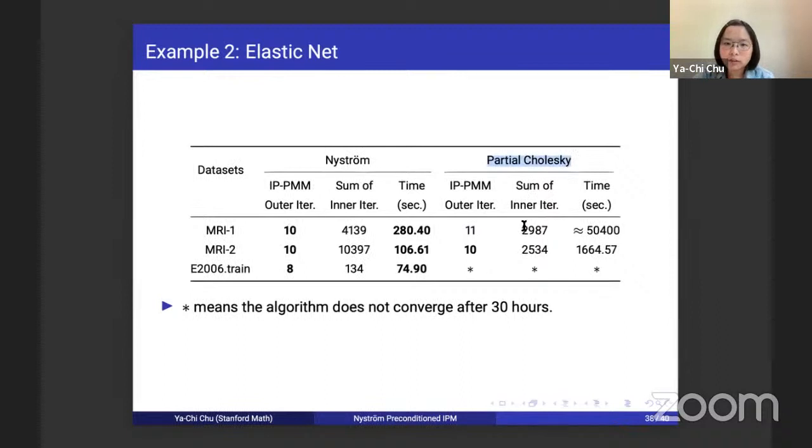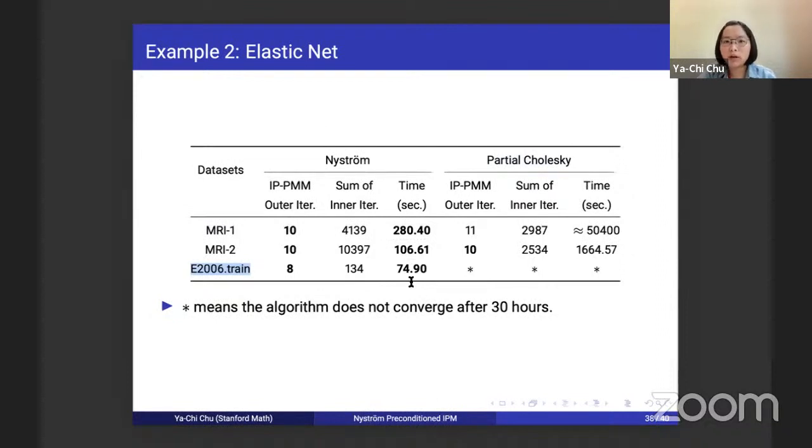Although the sum of inner iterations is smaller, it takes way too much time. And for this dataset, it cannot converge after 30 hours or so. So this is just a preliminary result.